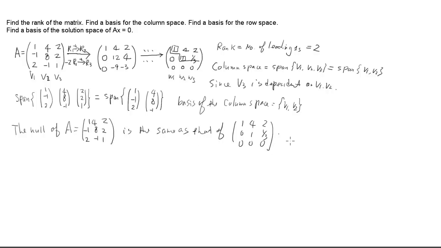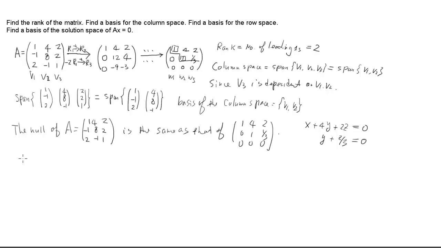Now let's go back to the way that we solve for the solution set, because we want to find the space. So we can say x plus 4y plus 2z is equal to 0. Remember, it's homogeneous, so we are not putting these 0, 0, 0s. And this is going to be y plus z over 3 is equal to 0. And z is the free variable because we don't have a leading one for this column.